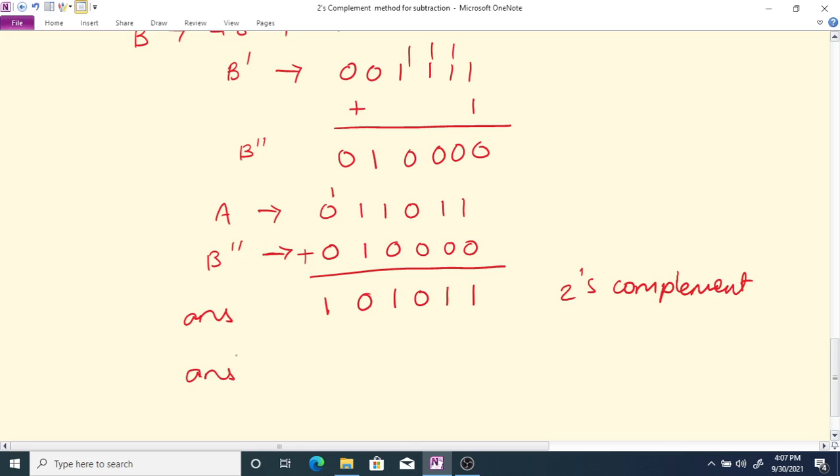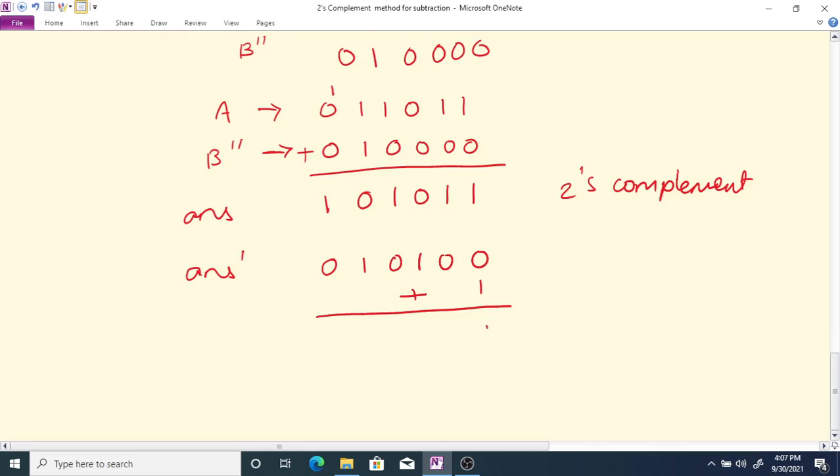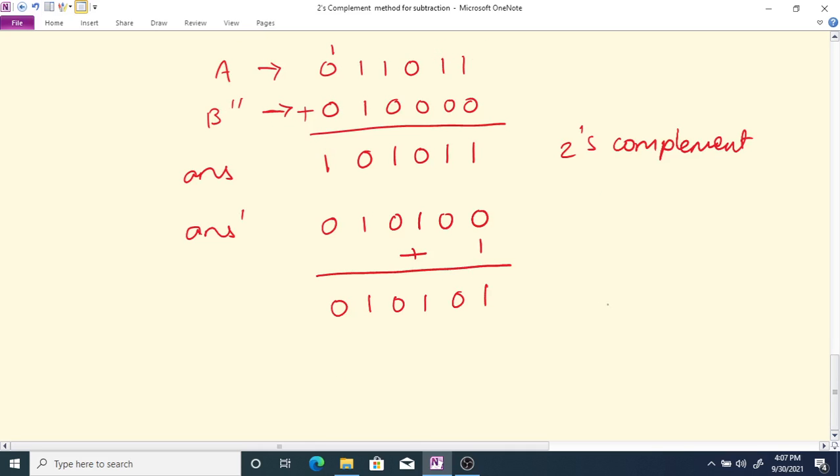So for answer dash, we will find 1's complement first, 010100, and after adding 1 we will get the 2's complement 010101. If we convert this into decimal, we will get 21. So the final answer will be 010101 for our given subtraction. We denote it with a minus sign over here, which is nothing but minus 21.